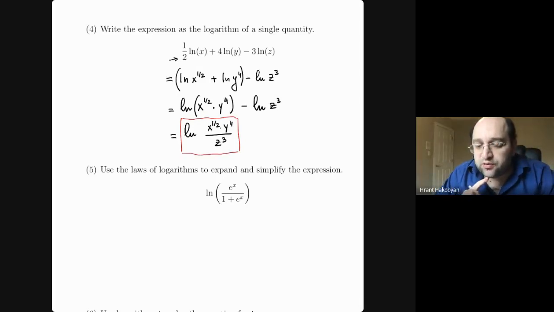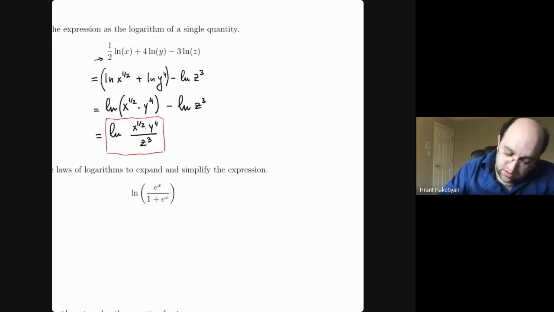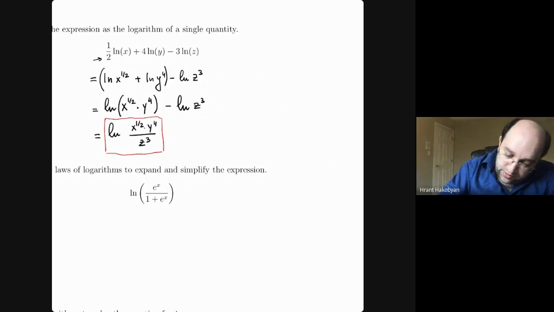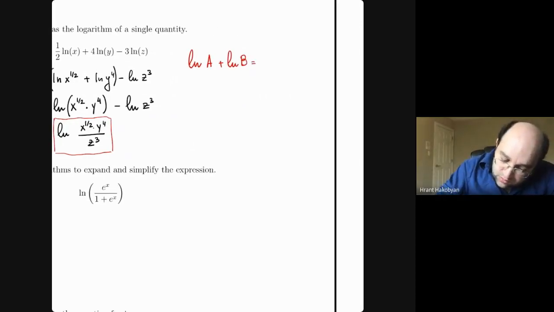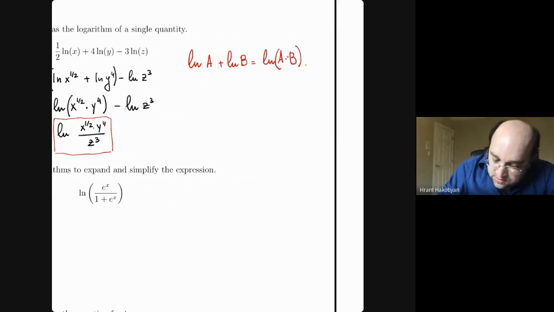What about the plus sign? Right, let me just remind you. Logarithm of a plus logarithm of b is equal to logarithm of a times b. I'm using that law. So this plus sign disappears, and instead what I get is this multiplication, and these two things are inside the same logarithm.